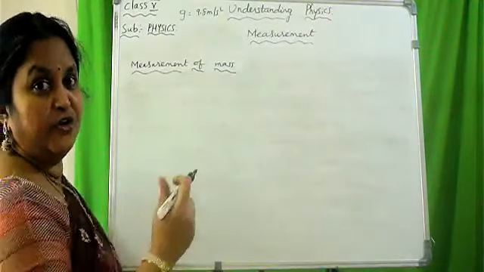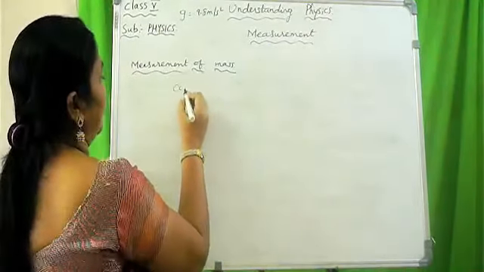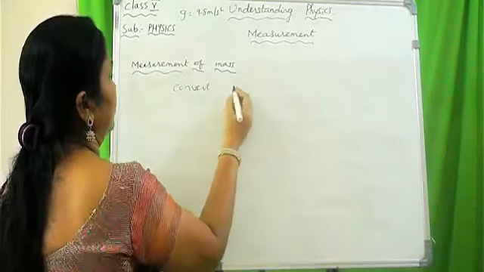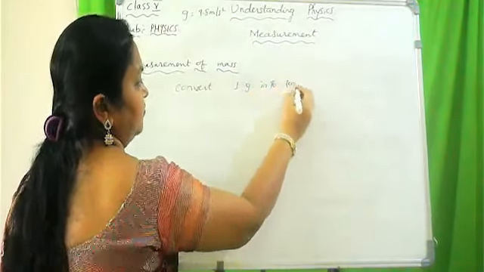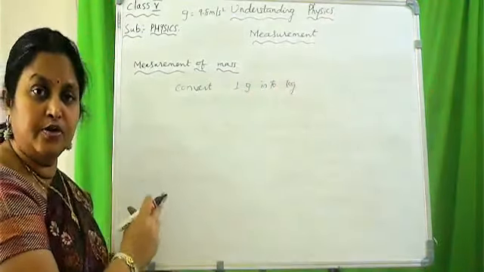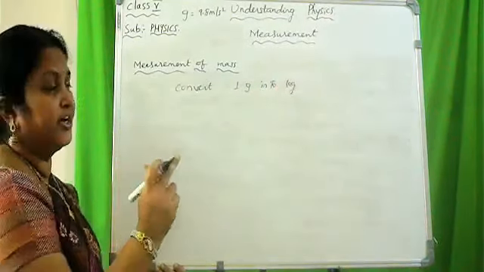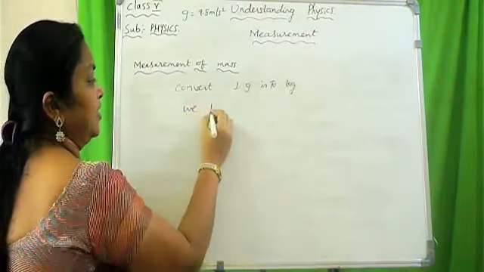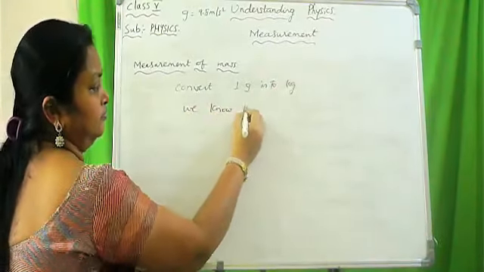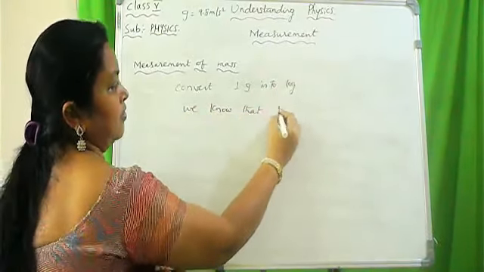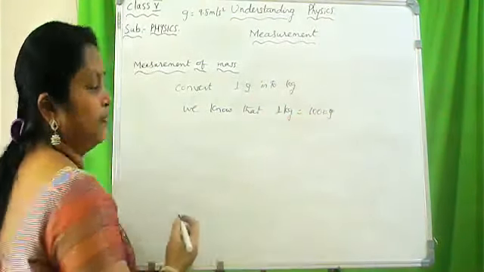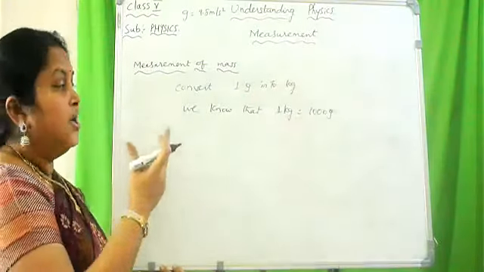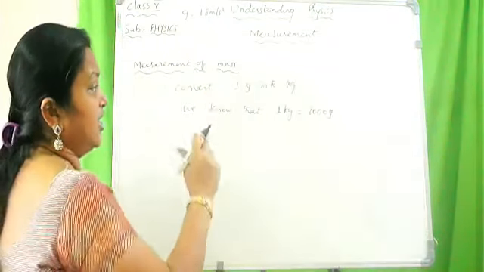Now I want to explain one numerical. Convert 1 gram into kg. What do we know? We know that 1 kg is equal to 1000 grams. Now I want to convert grams to kg.